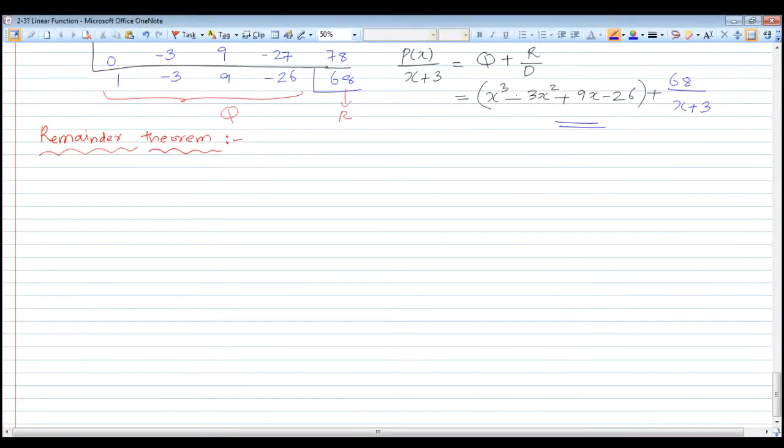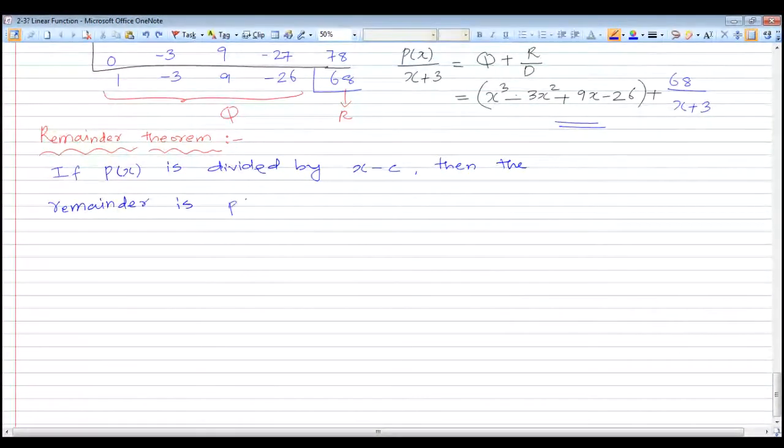If p of x, any polynomial p of x, is divided by x minus c, then the remainder is p of c.